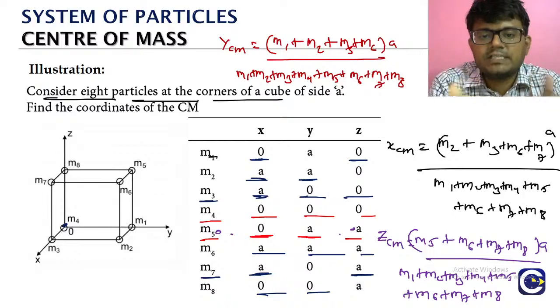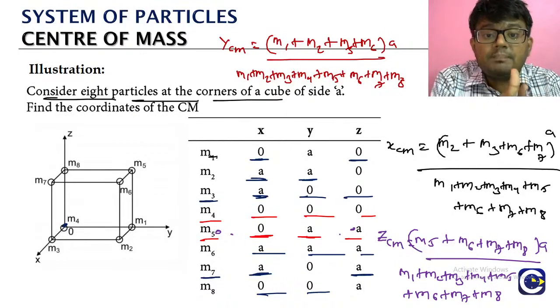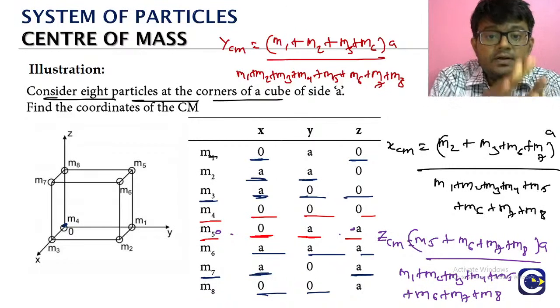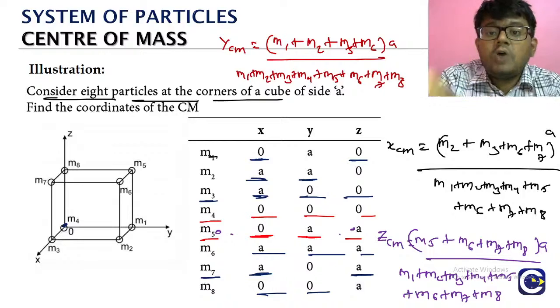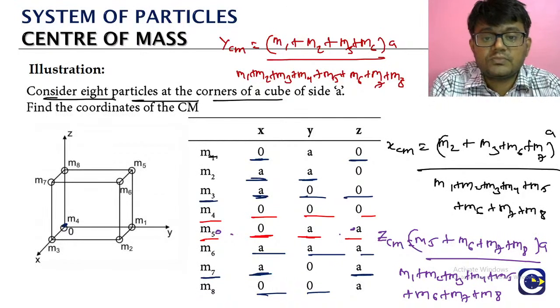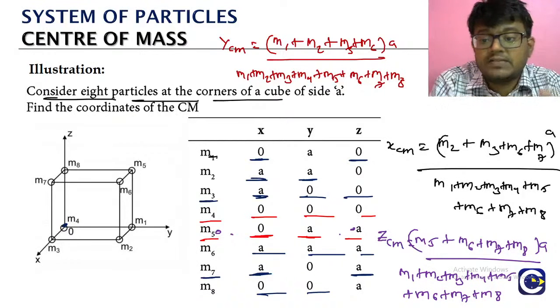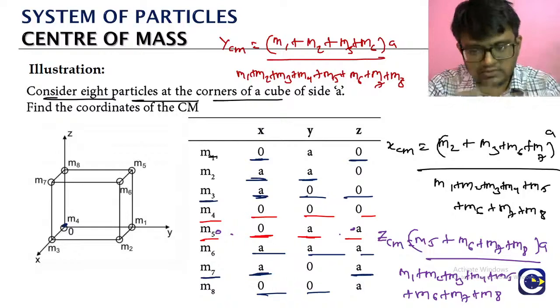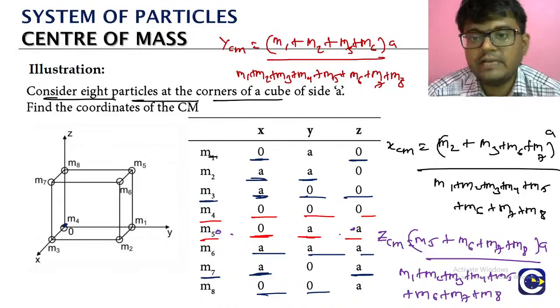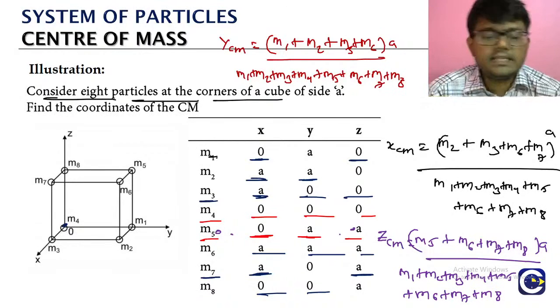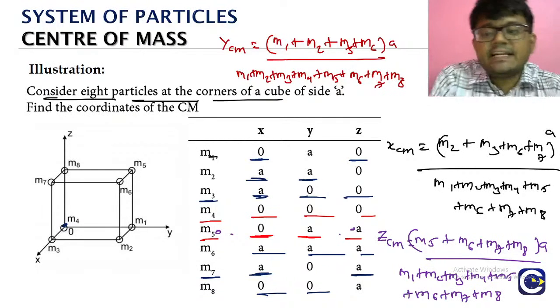They might give us a 3-dimensional shape like that, or even they may give a 2D shape where the particles will have all the coordinates. Like, particles may have x coordinate, y coordinate, z coordinate. Then they will be asking us to find the center of mass. So we'll have to see some more models of question, then we'll understand. Okay. So like this we will be able to use the weighted average formula.